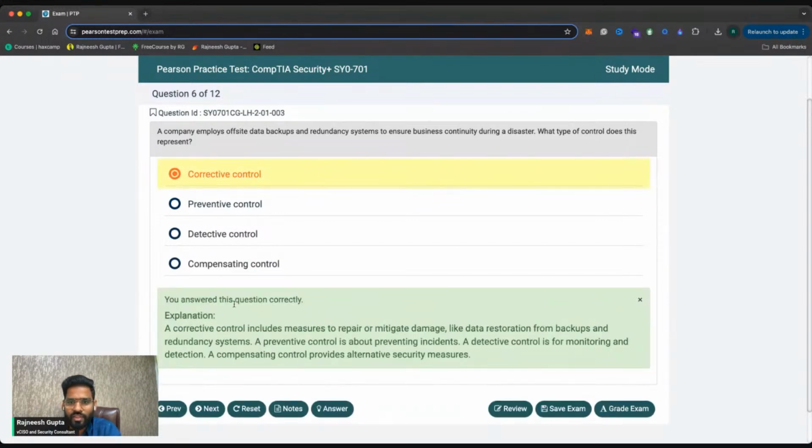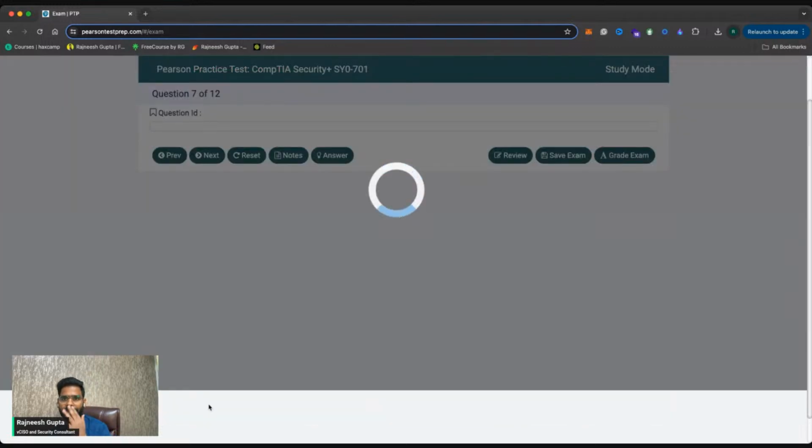Even I got confused. Most likely it should be corrective because, as I was saying, this is the data restoration from the data backup. The preventive control is about preventing an incident. Detective control is about monitoring and detection. Compensating control provides alternative security measures. So yeah, perfect. Let's go to the next question.